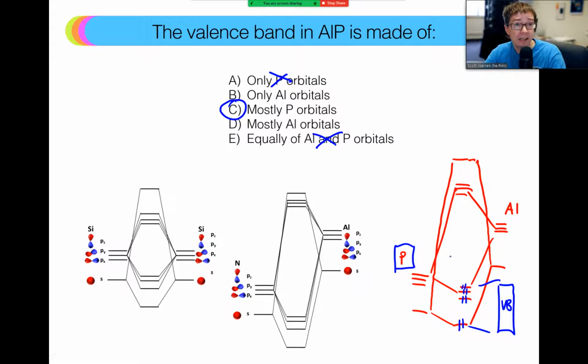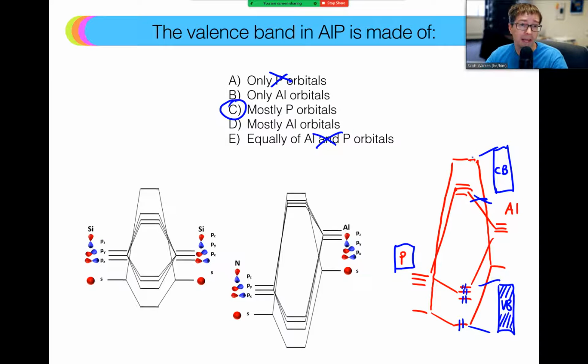And that's exactly what we see in our valence band picture, is that this valence band, which is made mostly from phosphorus orbitals, is occupied with electrons. In contrast, the aluminum is not occupied. So these states which give rise to our conduction band are empty, and these states are made more from aluminum than from phosphorus.